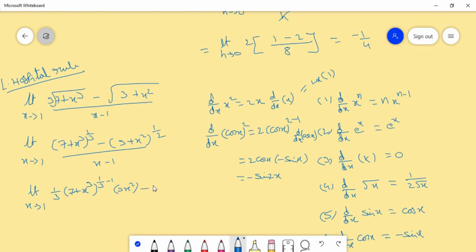Next, like that, minus 1 by 2 into 3 plus x square whole power 1 by 2 minus 1 into derivative of 3 plus x square. 3 derivative is 0. X square derivative is 2x. Whole divided by x derivative 1, derivative of constant is 0. Okay.